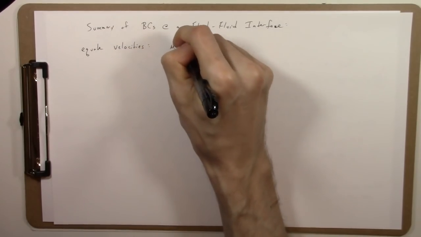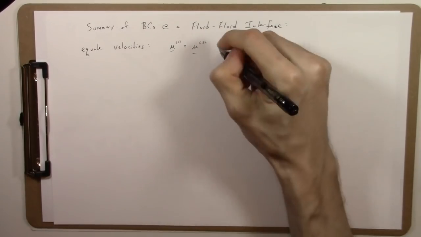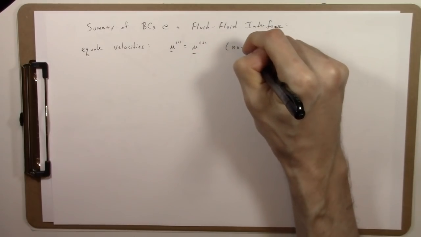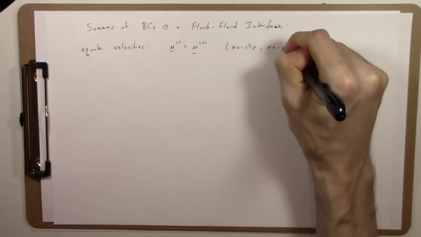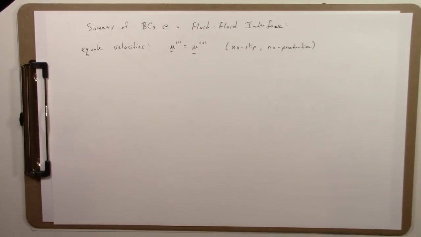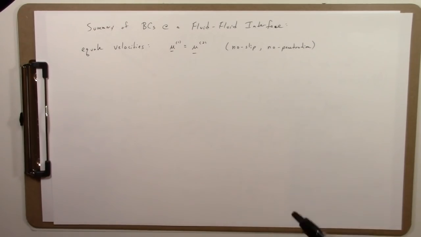So u1 is equal to u2, and we can decompose these into normal and tangential components, and so we get no slip for the tangential components, and we get no penetration for the normal component. This is the same as at a fluid-solid interface, so these are the ones that should definitely be memorized. So no slip and no penetration hold both at fluid-solid and fluid-fluid interfaces.